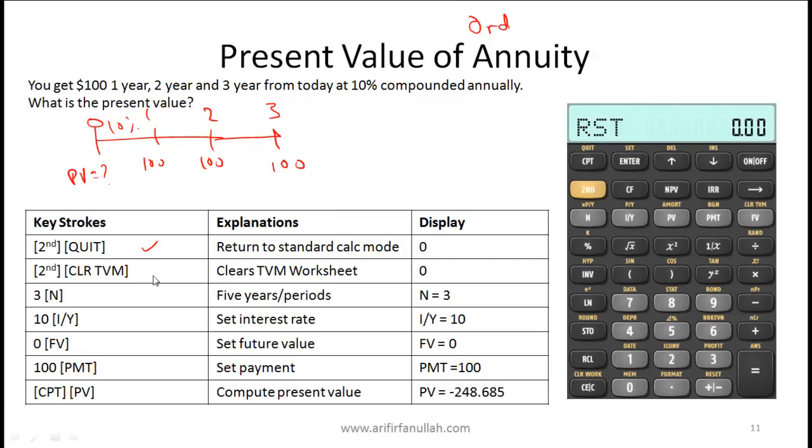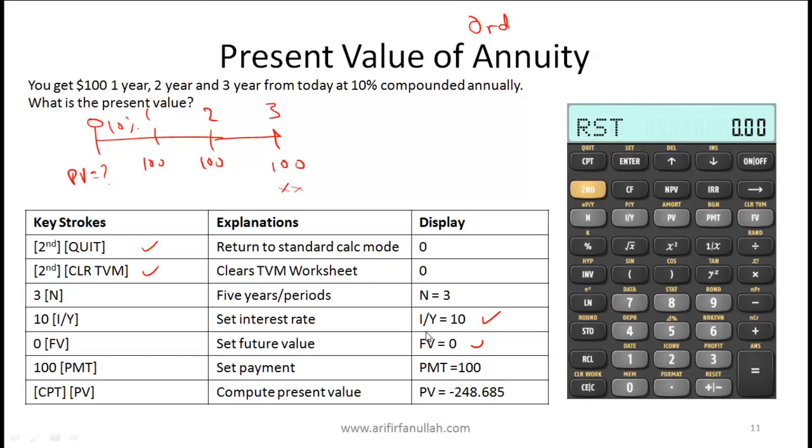So these steps you've seen multiple times before. Then set 3n, so number of periods is 3, 10 is your interest rate, so that gets set. 0 future value. This means that other than the 3 payments of 100, there is nothing else that is happening at the end of 3 years.